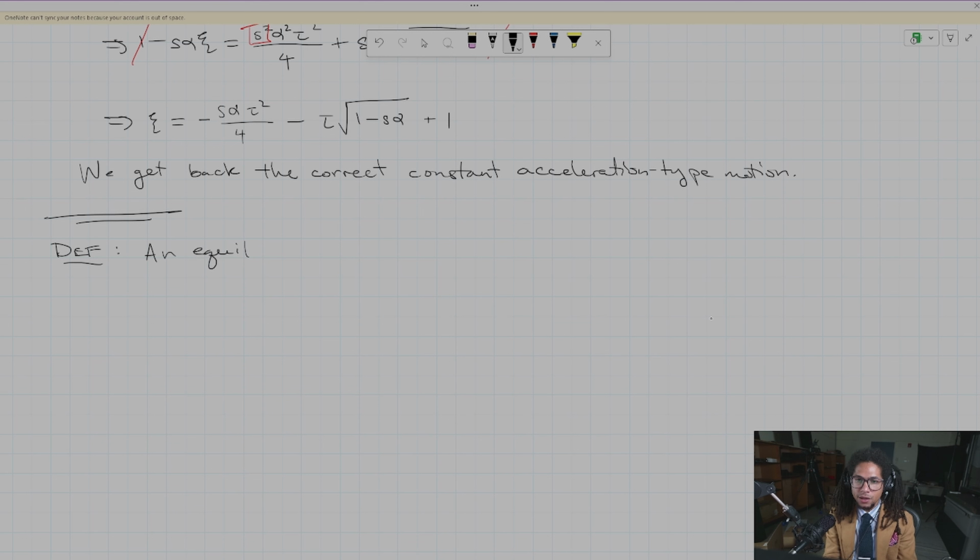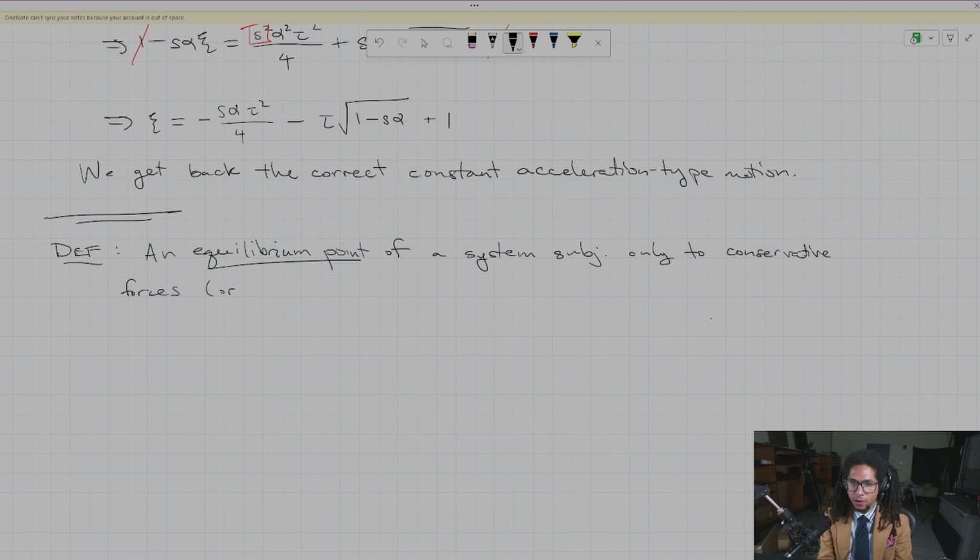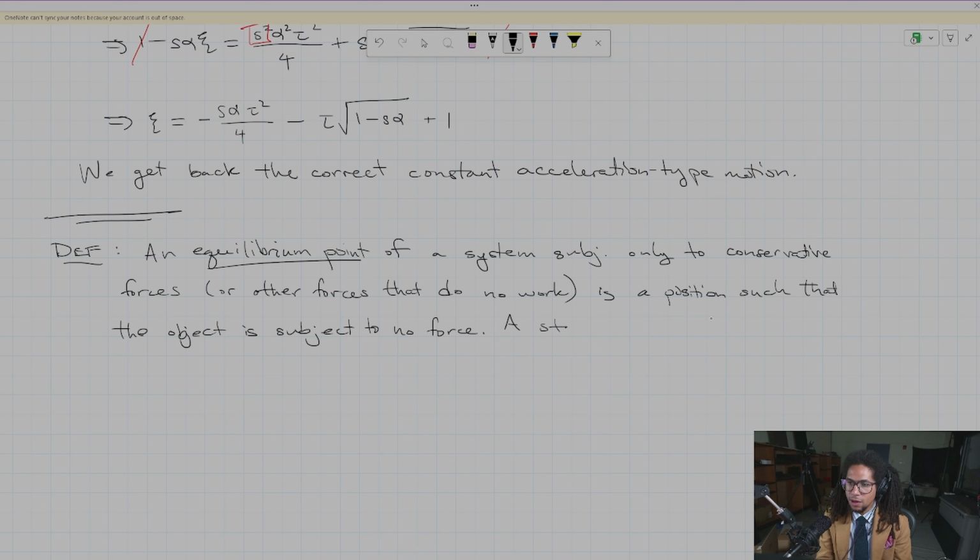An equilibrium point of a system subject only to conservative forces or other forces that do no work is a point or a position, let me say, such that the object is subject to no force.